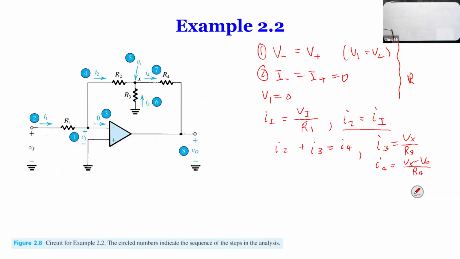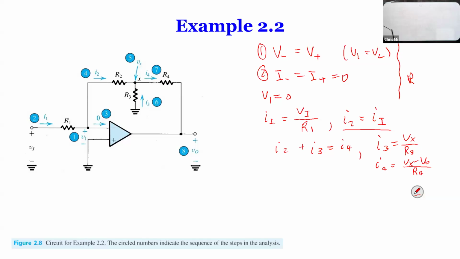You guys follow? Yeah. Like before, how do you know which one to subtract first? Well, you need to mark the direction of current. You see here, we mark R2 and R3 going in and R4 going out. So actually you're right. I2 plus I3 equal to I4, that's correct.